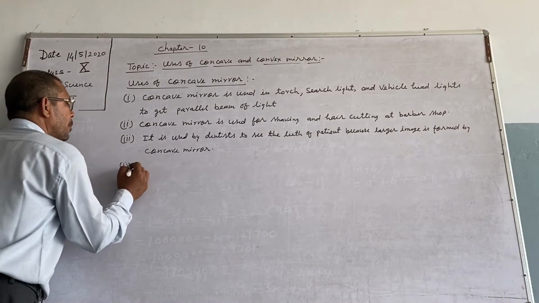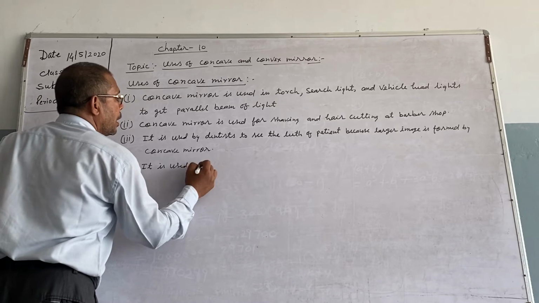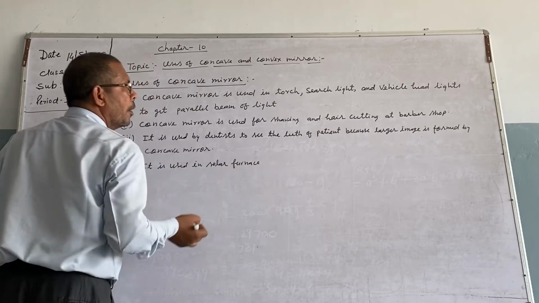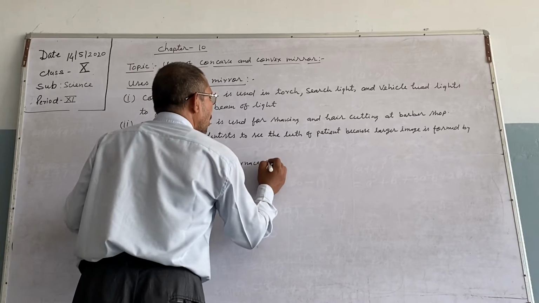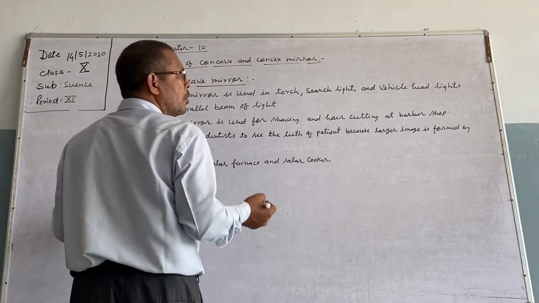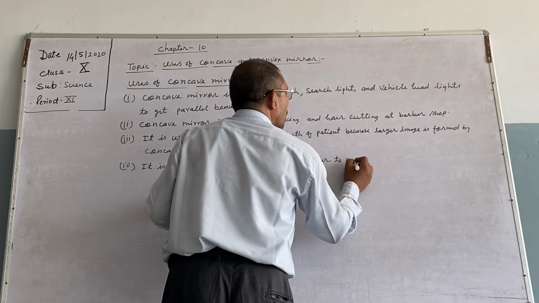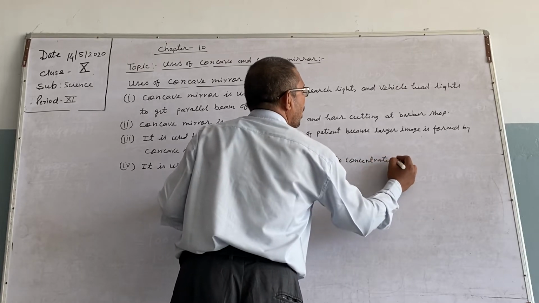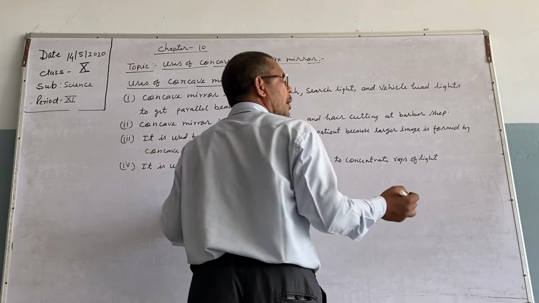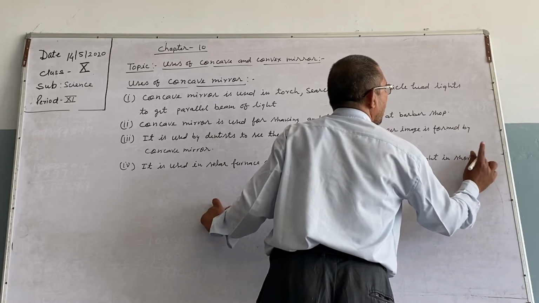Fourth point, it is used in solar furnace and solar cooker to concentrate rays of light in shorter area.